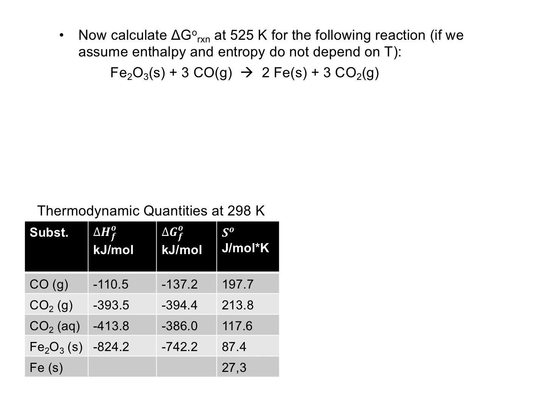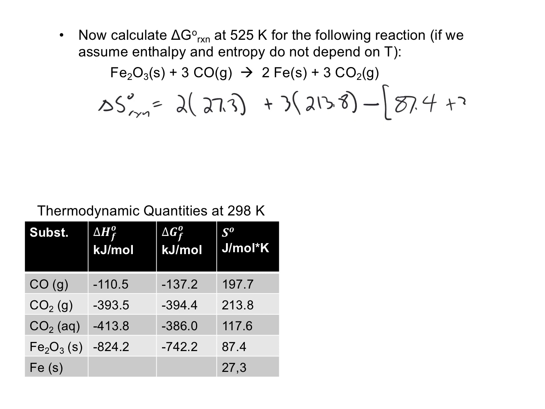All right, and now calculating delta S for a reaction works just like delta G and delta H did. So I have 2 moles of iron. And then minus, again, I'll put all the reactants in brackets. My Fe2O3 is 87.4 plus 3 times 197.7.